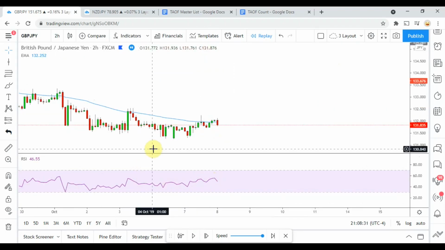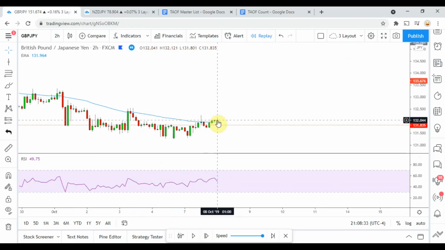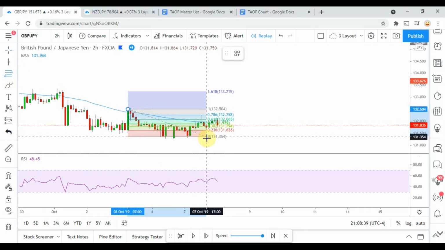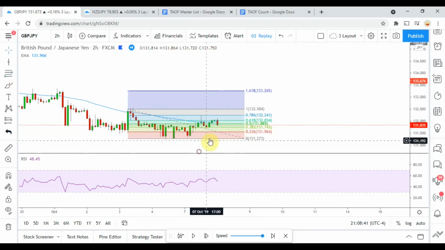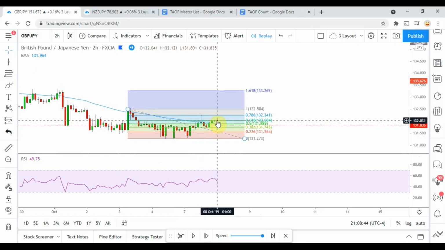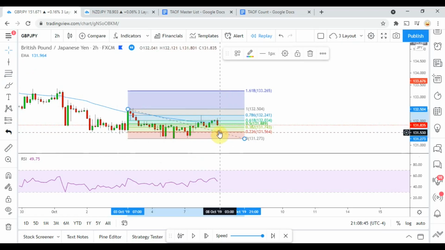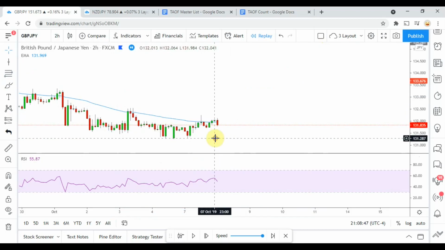Okay, so we are on to the next one, and it's actually just formed right here. We have our fib level from here to here. You can see that this candle came back, touched the 50%, and actually went a little bit farther.